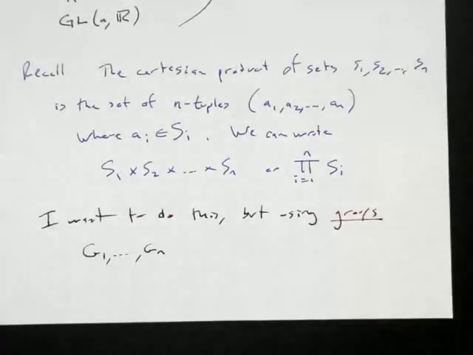All right, wait a second. If I'm going to do this with groups, I need a group operation. Because what I've created is now a set of ordered group elements. What's my operation on those things?